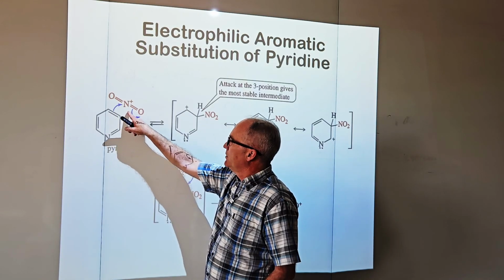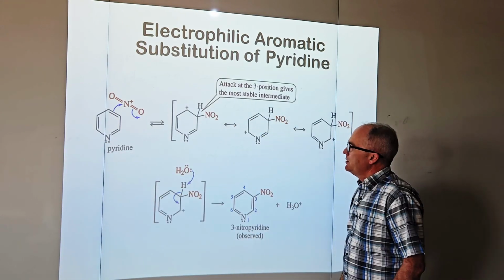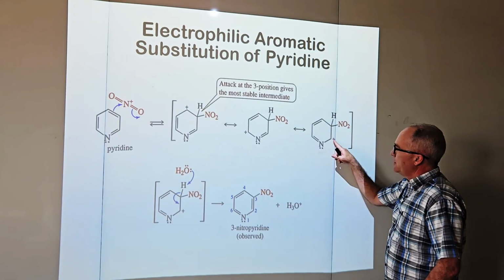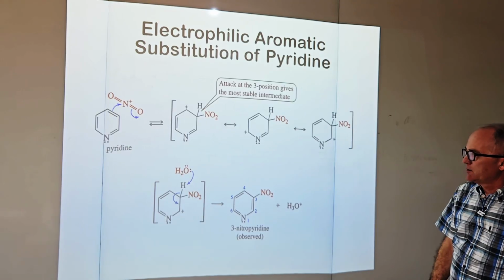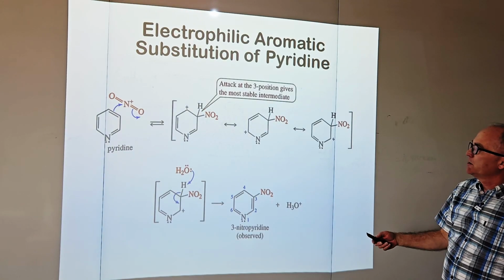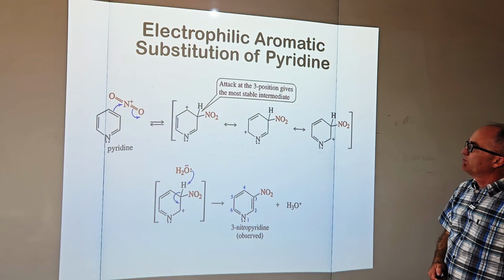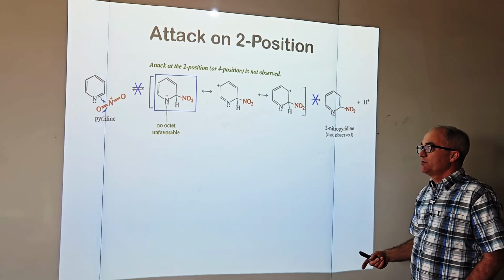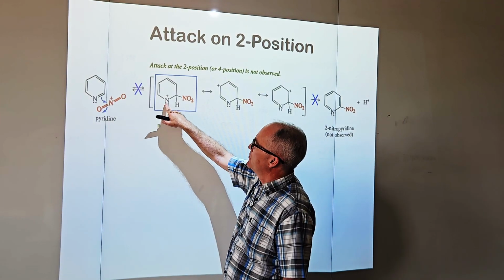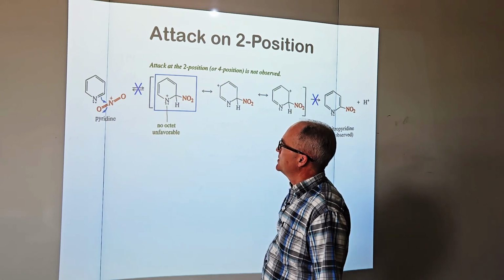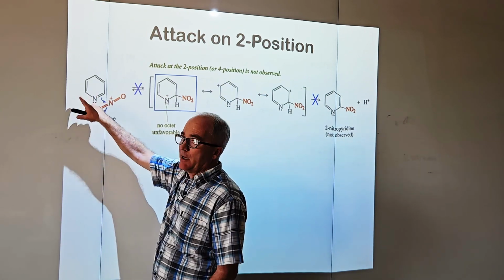So here our electrophile hits in the meta position, and we'll never get the positive charge on that, and that's possibly good. So here's the mechanism. Now let's put it in the ortho position. And there you go, no octet, 2, 4, 6. Here I go, 2, 4, 6, 8.